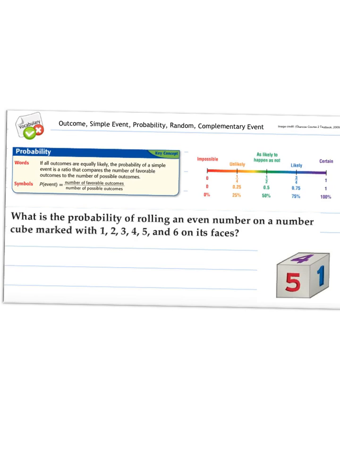So our question here: what is the probability of rolling an even number on a number cube marked with 1, 2, 3, 4, 5, and 6 on its faces? Well, first we have to figure out the number of favorable outcomes. That's what we're looking for. So we're looking for an even number out of the total numbers.